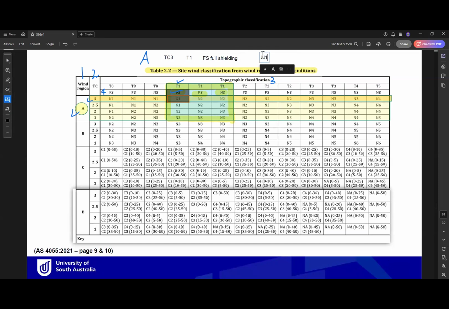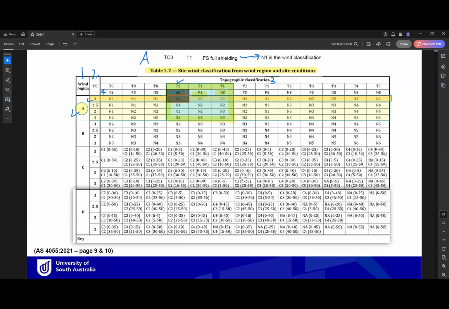N1 is the wind classification. So all this gives us wind class N1.